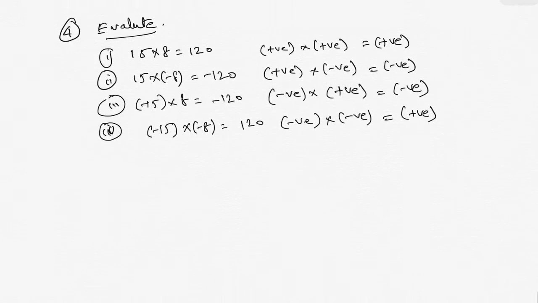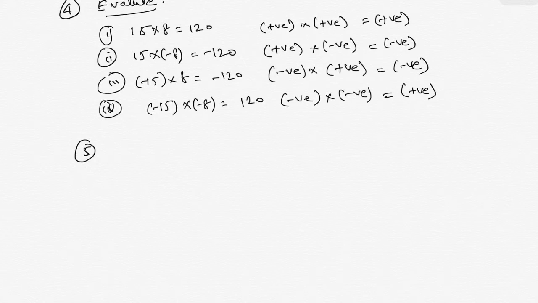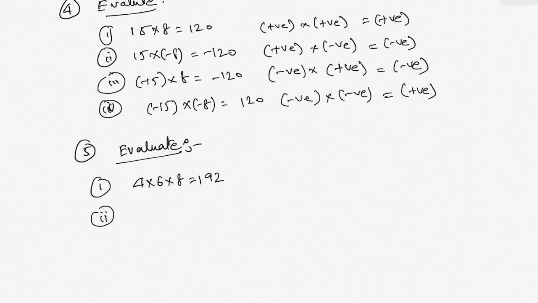Now let's see the fifth one. Fifth one is also evaluate. Okay. Now the first problem is 4 into 6 into 8 is equal to 192. Okay. Now second is 4 into 6 into minus 8.